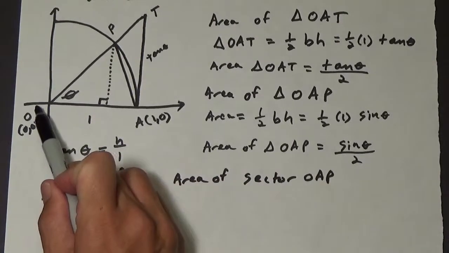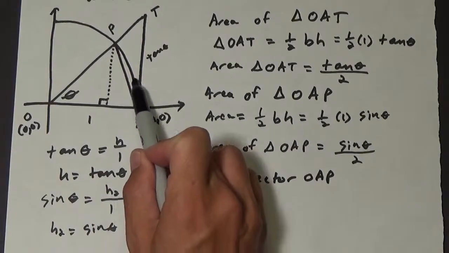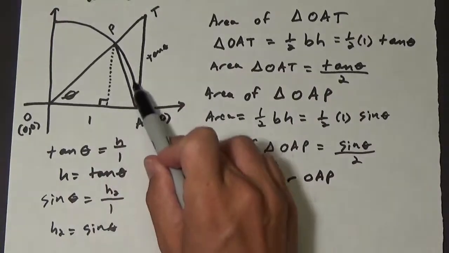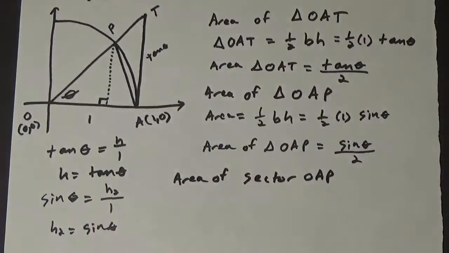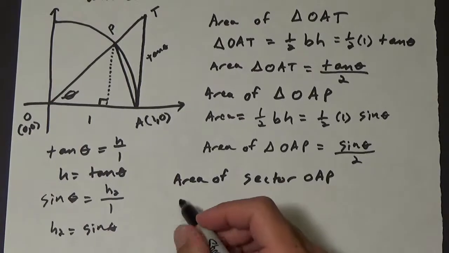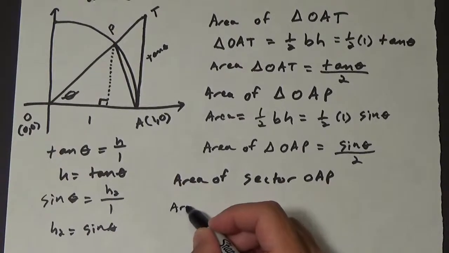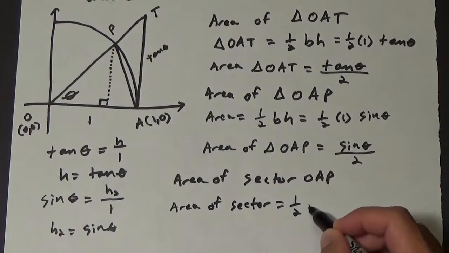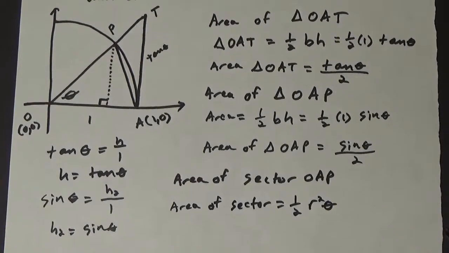So the sector would be from O to A along the curve of the circle to P and then back down. It's a little bit bigger than the triangle OAP, which is going to be important here pretty soon. Well, most of you probably don't quite remember what the area of a sector is, which is fine. Let's see here. Area of a sector is 1/2 r squared theta.